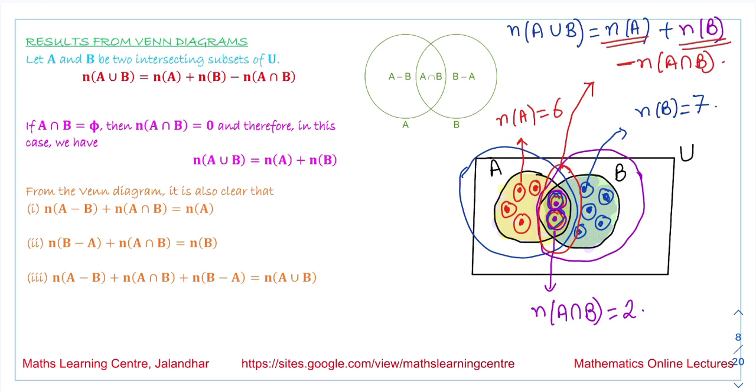Or basically, when we write the number of elements in A, it means we have counted all these values.